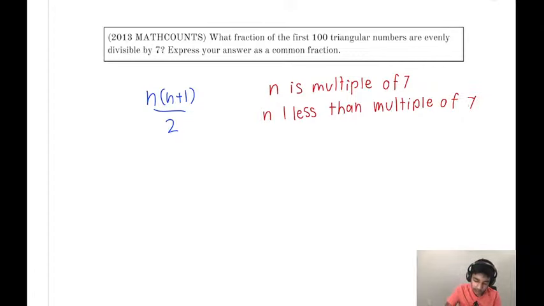Okay, so as I wrote out here, in order for this expression to be a multiple of 7, either n has to be a multiple of 7, or n plus 1 has to be a multiple of 7.